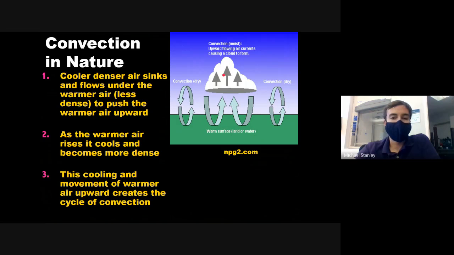And once the warm air gets really high in the atmosphere, where it gets really cold, it starts to cool down again, and so then it'll fall back down, whereas the warm air down near the surface of the Earth will start rising again. It creates this convection cycle where you get cool air and warm air circulating throughout the atmosphere.